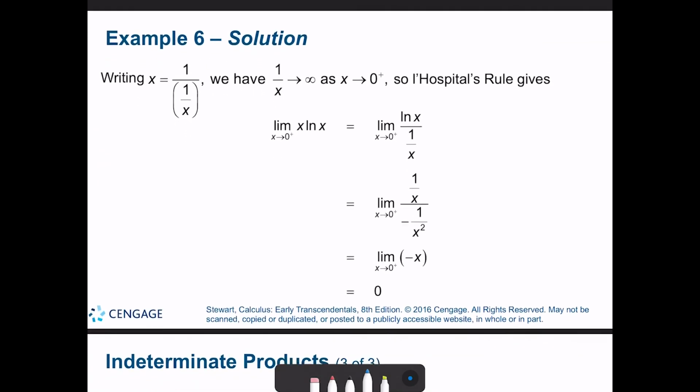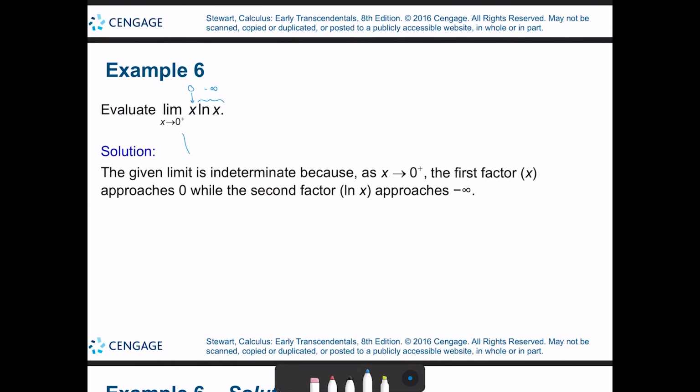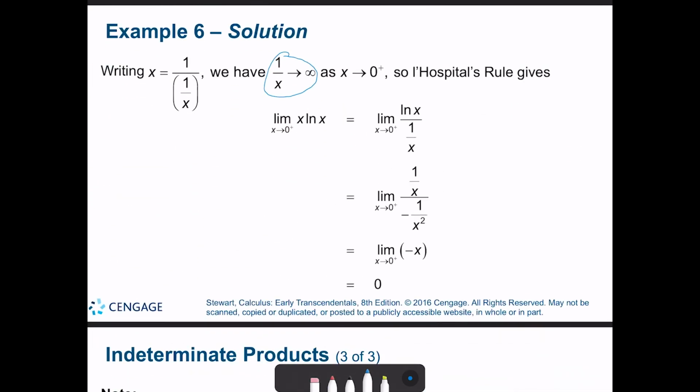Here's our solution process. We're going to write the value x as 1 over 1 over x. Okay, I'm interested to see where this goes. The good news is that 1 over x heads toward infinity because our x value is approaching 0 from the right. So 1 divided by 0 would head toward positive infinity, as x approaches 0 from the right.